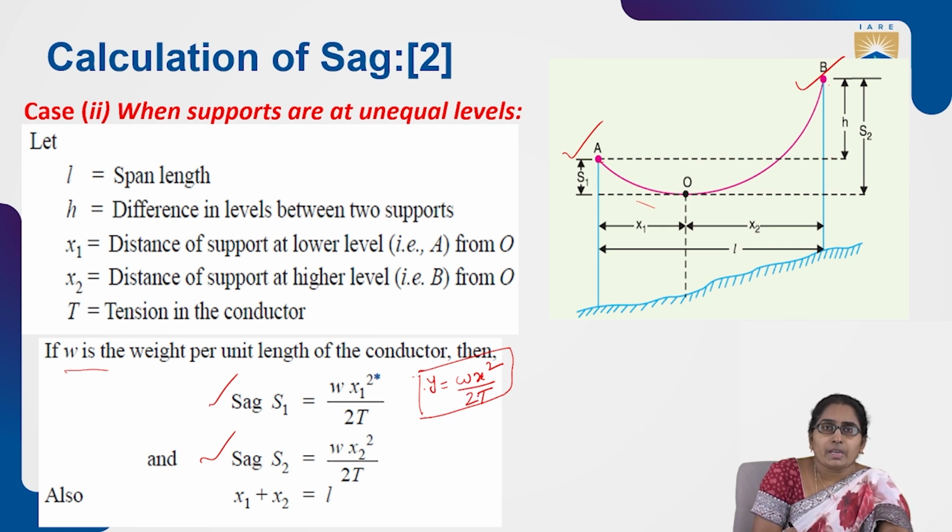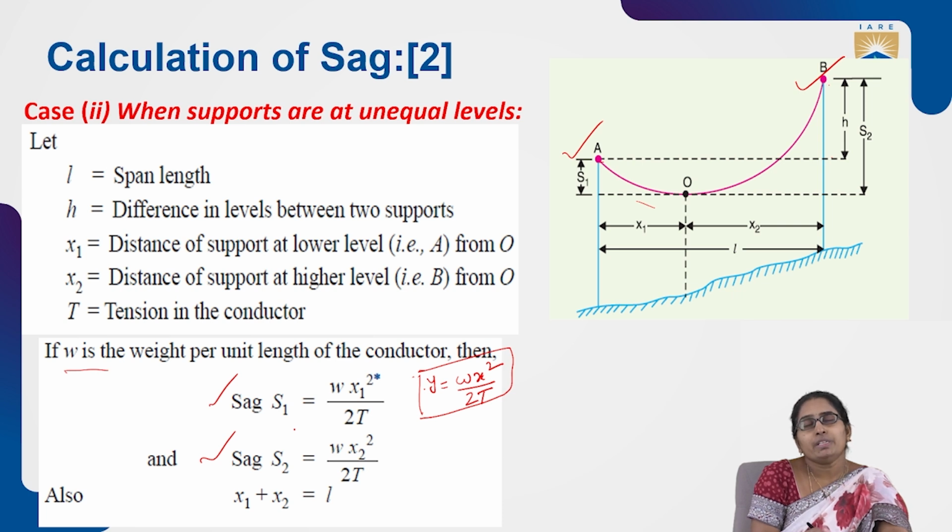Now x1 is the horizontal distance of that particular point. For the lower support A, y is the sag with respect to the lower level support, so let us call it S1.